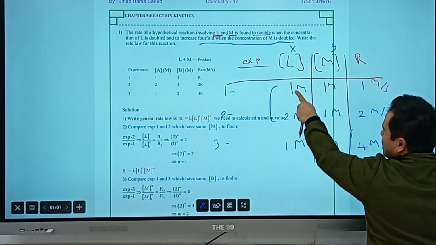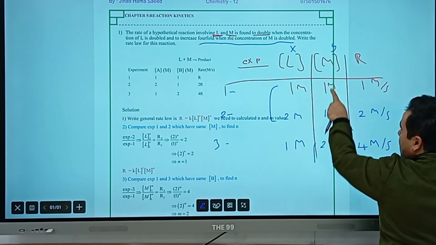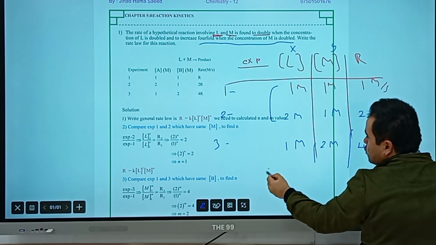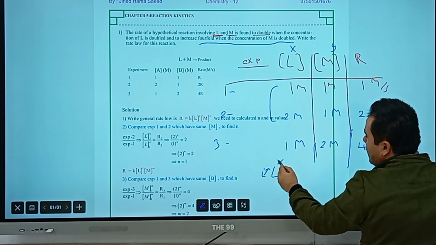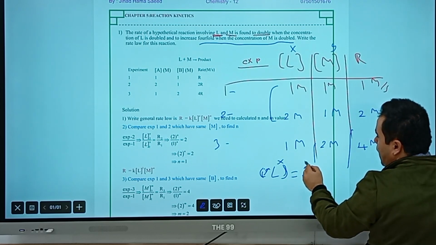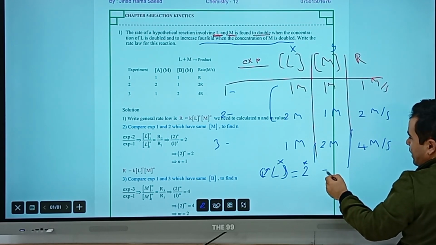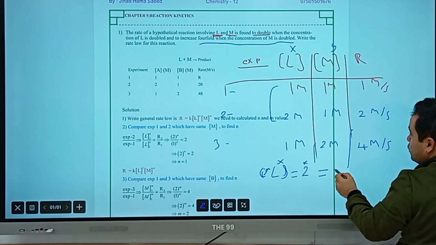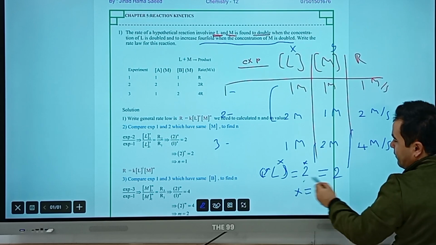The first and the second, M unchanged, but L is changed. So to find x, L to the power of x equals 2 to the power of x, 2 divided by 1, and the rate equals the rate, which is 2, and then x is equal to 1.